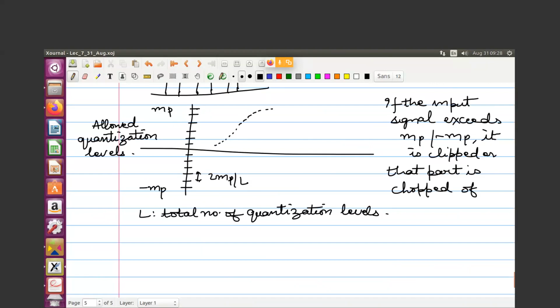So suppose I am drawing the quantization levels. I think you all must know this quantization, but for the sake of completion, I am going in a very general, very basic sense. Suppose these are the quantization levels, and this is a discrete sample which comes.